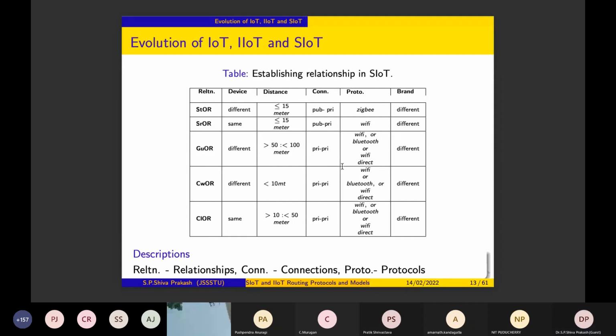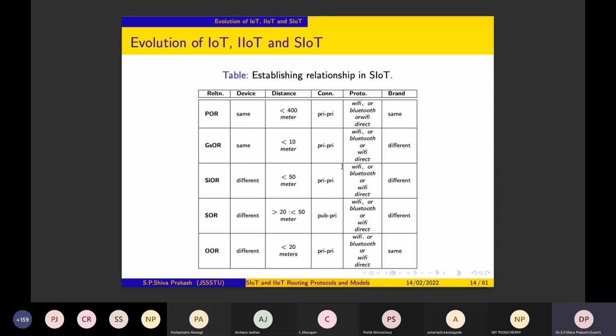Okay, and this is not the only set of parameters that can be used to categorize these relationships. Any researcher working on defining the relationships can come up with their own relationships as well, by suggesting a few more parameters.